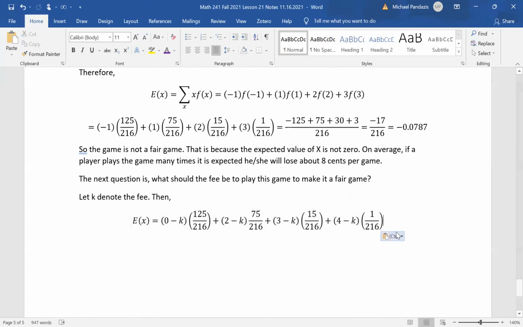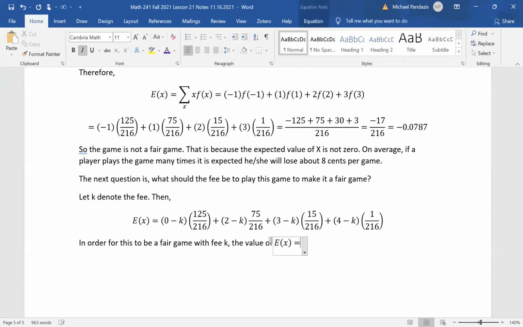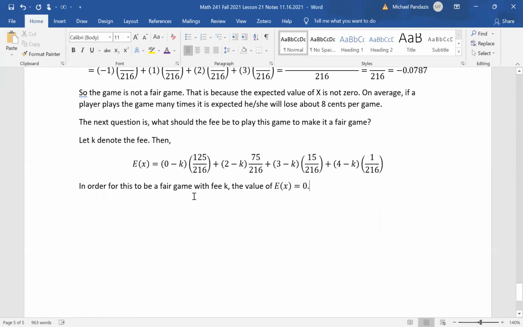Now, in order for this to be a fair game with fee k, the value of E of X has to equal 0, right? So if we want to find the fee k that would make this a fair game, we want to find the value of k such that E of X is 0.